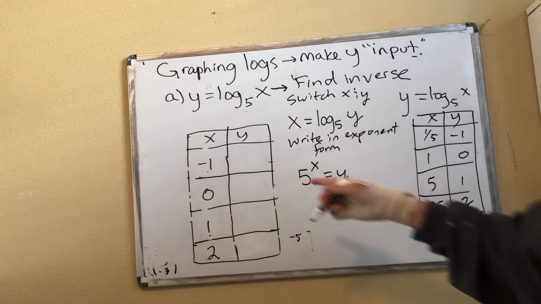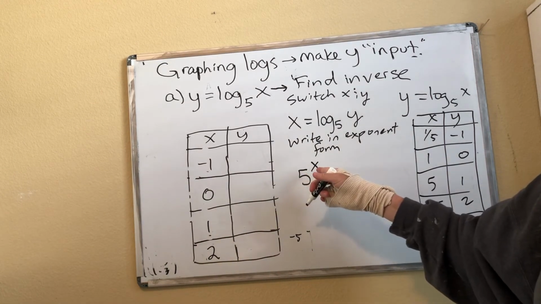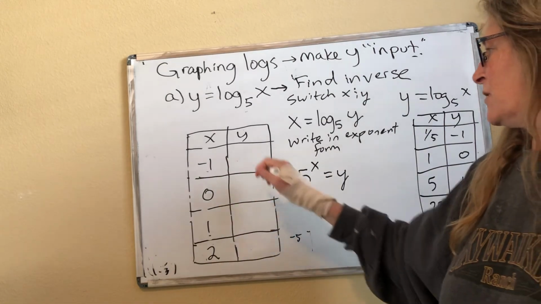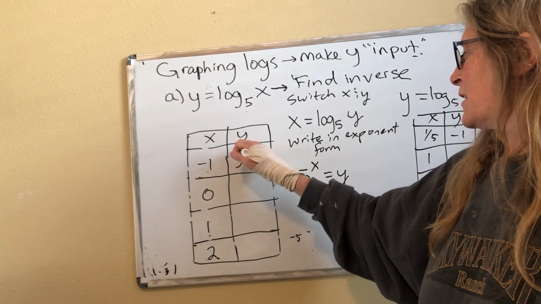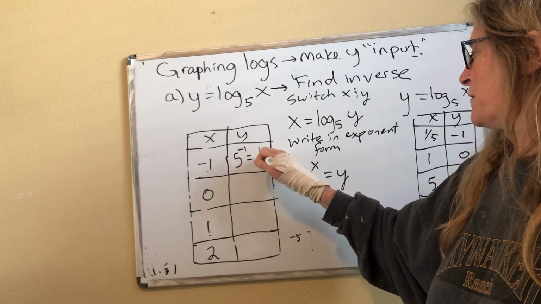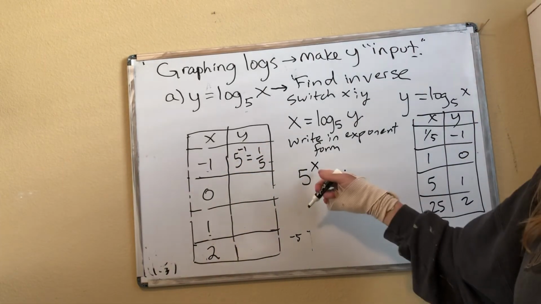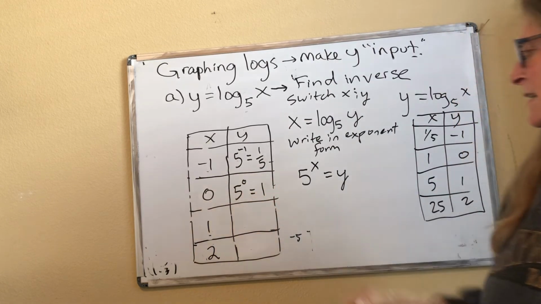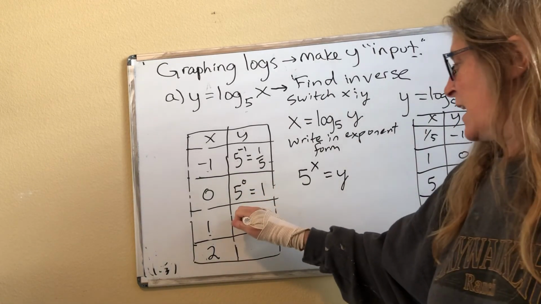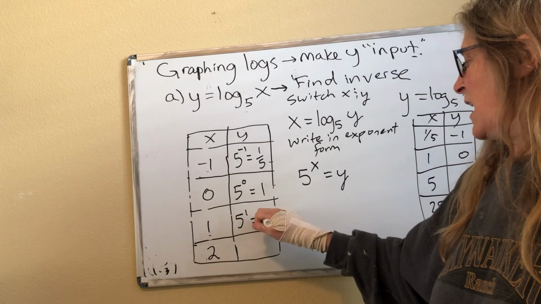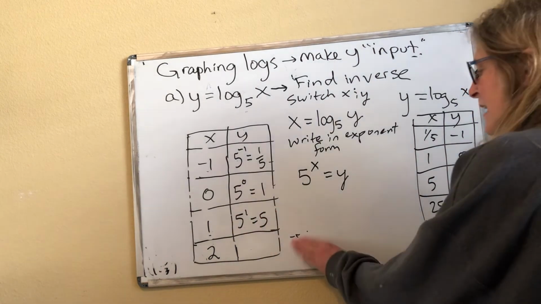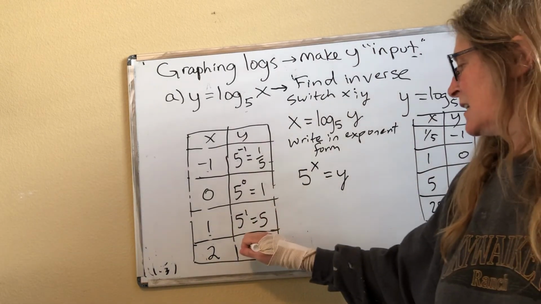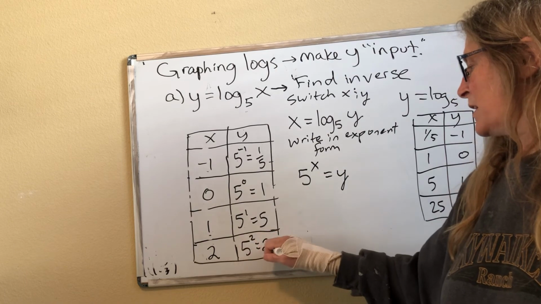So let's plug in the x's: -1, 0, 1, and 2. 5 to the negative first gives me 1/5. Make x 0, 5 to the 0 equals 1. 5 to the first equals 5. And 5 to the second equals 25.